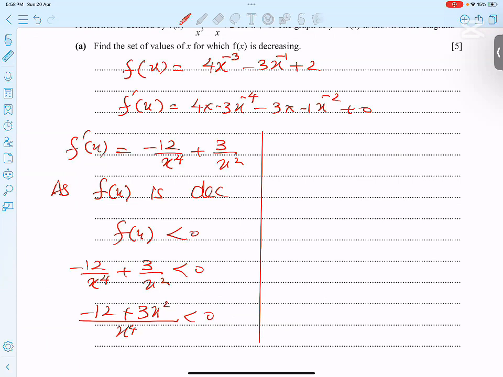Yes, let me check once again. Yeah, same situation. So this goes there, and that is, if I bring it up, or like this, 3x to the power 2 minus 12 is less than 0. Either this is 0, but this is not possible.